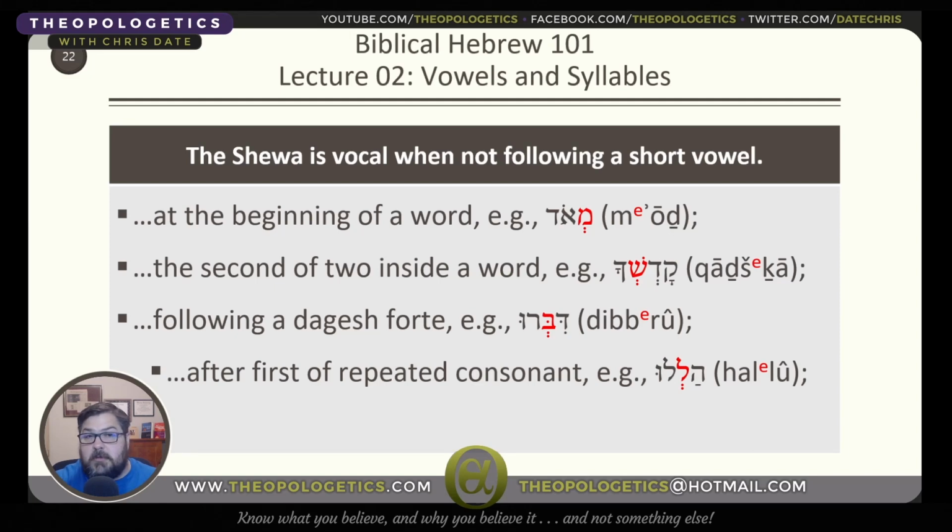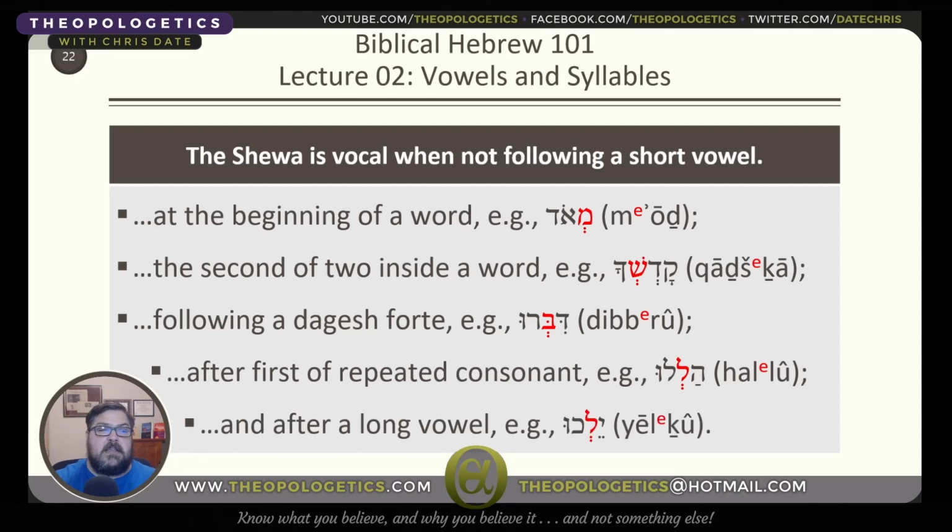Normally, that lamed, the first lamed, the one that's colored red on your screen, when it's got a shva under it and it follows a vowel sound like it does here, normally we would take that as a silent shva. But it's immediately followed by the same consonant, another lamed. So we know that this is not a silent shva, it's a vocal shva, and it's pronounced ha-l-lu, three syllables.